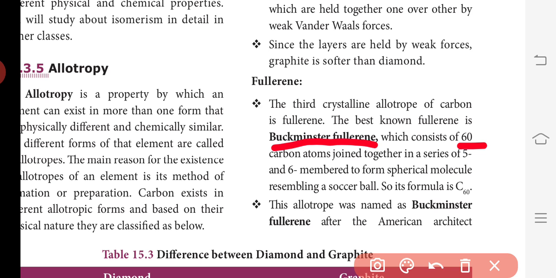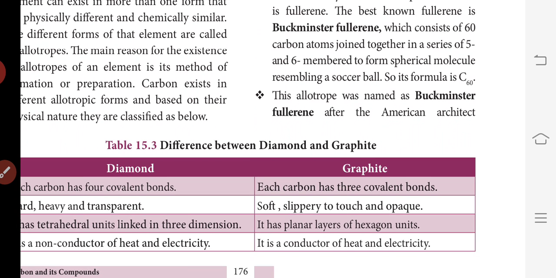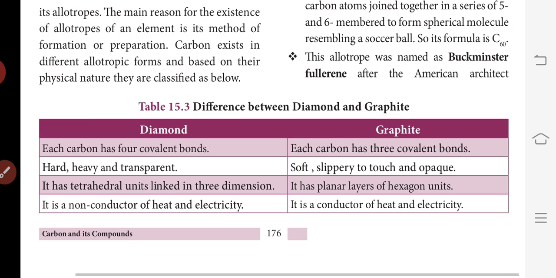Its formula is C60. This allotrope was named Buckminster fullerene after the American architect. Now see here the difference between diamond and graphite. It is a 2-mark question, so please go through this.